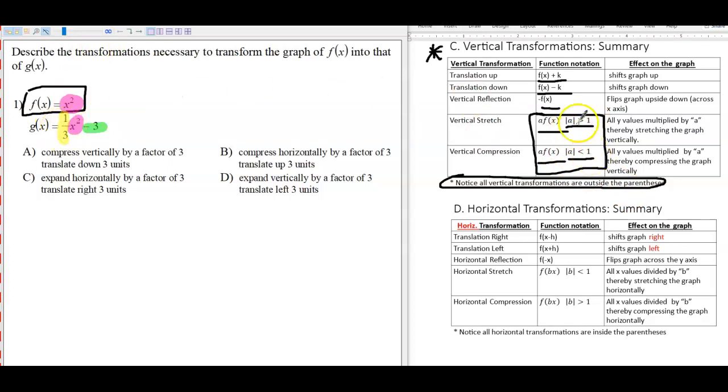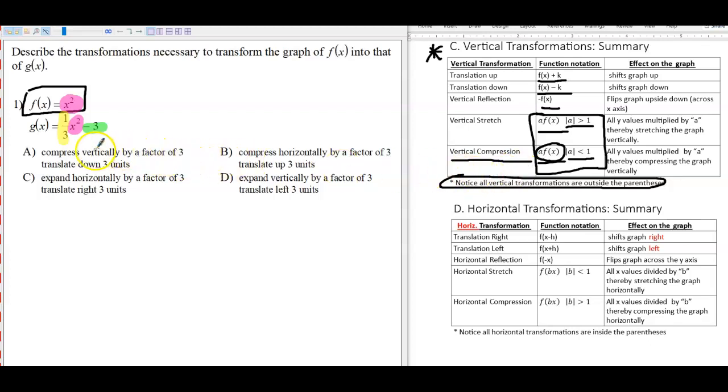So by absolute value, what they mean is just ignore the sign of the number. So it doesn't matter if it's positive or negative. Just look at the number itself, 1/3. Now, is 1/3 greater than 1 or is it less than 1? Well, it's less than 1. So since it's less than 1, we have a vertical compression. Okay, so it's a vertical compression.